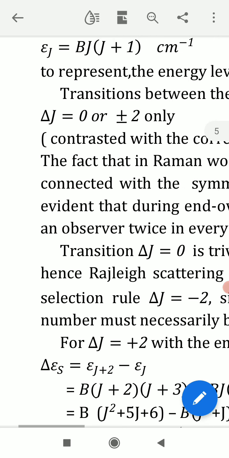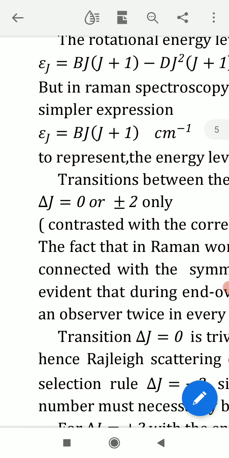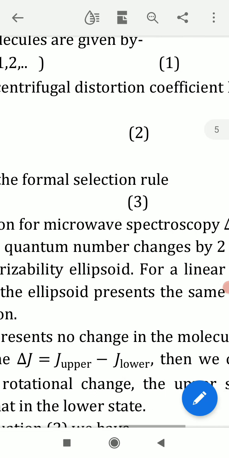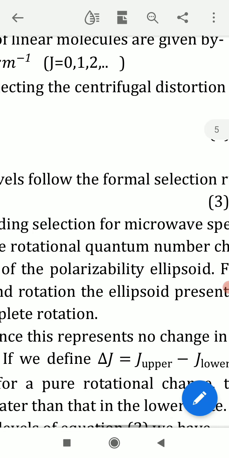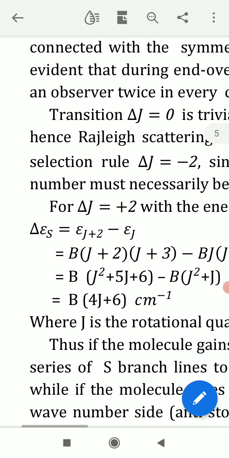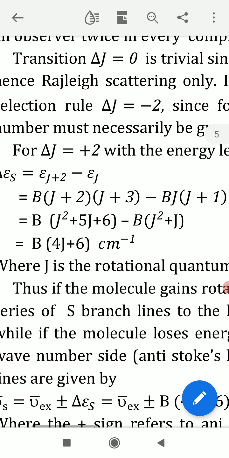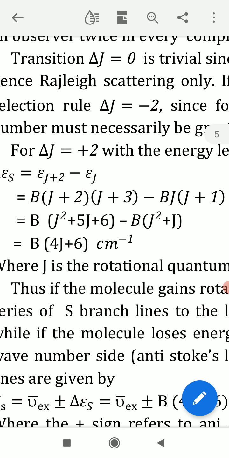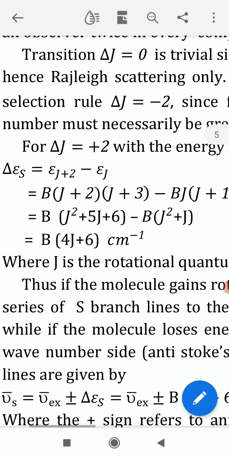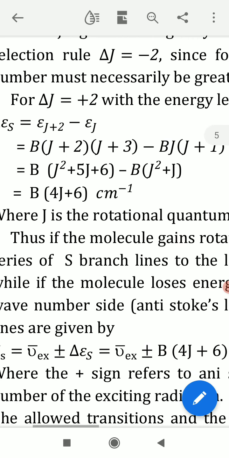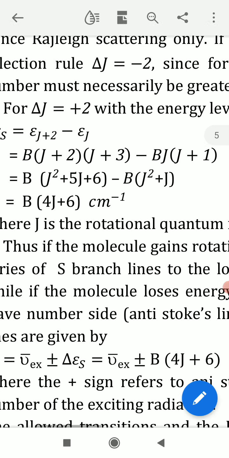Ej is B j (j plus 1) in this equation 2, and Ej plus 2 is obtained by replacing J by J plus 2 in this relation. So Ej plus 2 minus Ej is B (j plus 2)(j plus 3) minus B j (j plus 1).